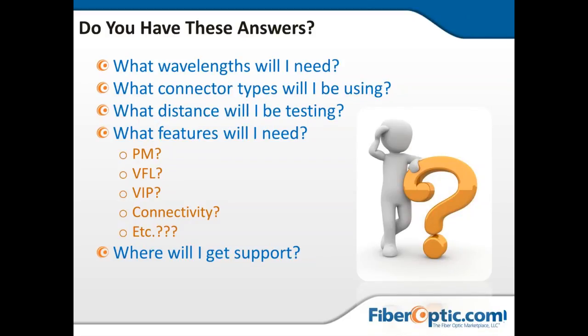But always be prepared, and when you're leaving your main office, make sure you have a launch box that has at least probably 1 kilometer if it's going to be a single mode unit, or at least 100 meters if it's going to be a multi-mode unit.